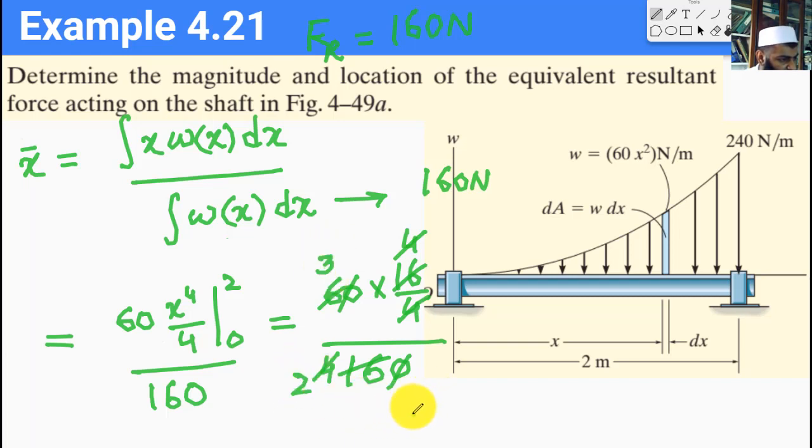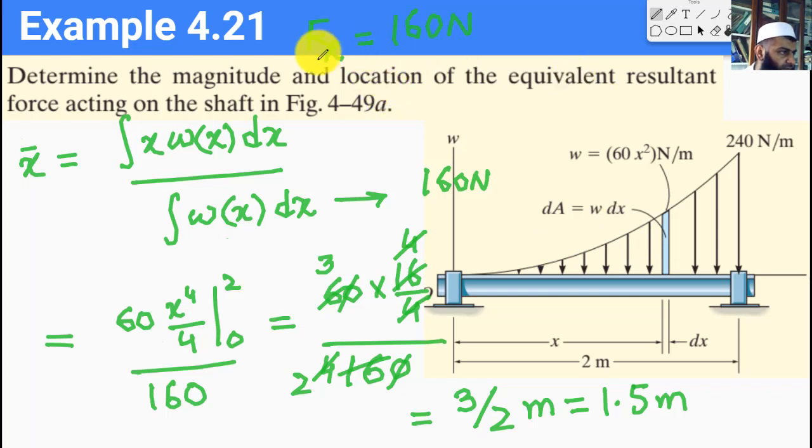So the result is 3 divided by 2 meters, which is equal to 1.5 meters.